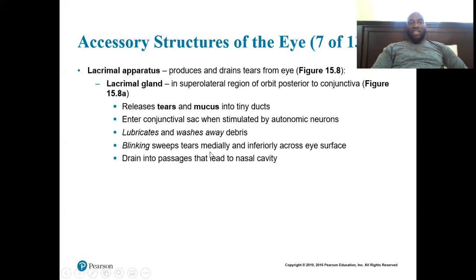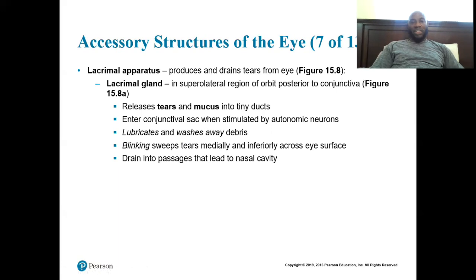You also have the lacrimal apparatus, which produces and drains tears from the eye. The lacrimal gland, in the superolateral region of the orbit posterior to the conjunctiva, releases tears and mucus into tiny ducts. Right? It lubricates and washes away debris. Blinking sweeps tears medially and inferiorly across the eye surface. They drain into passages that lead to the nasal cavity.